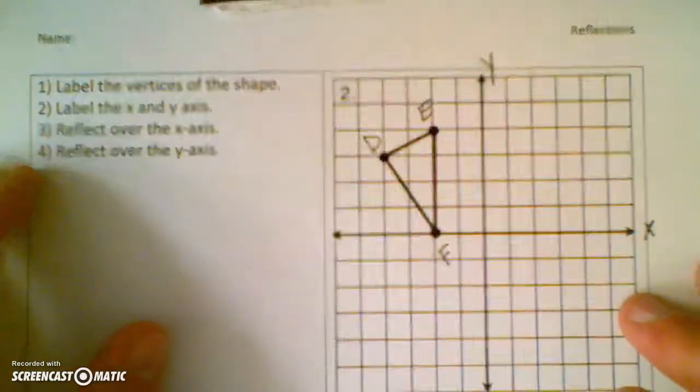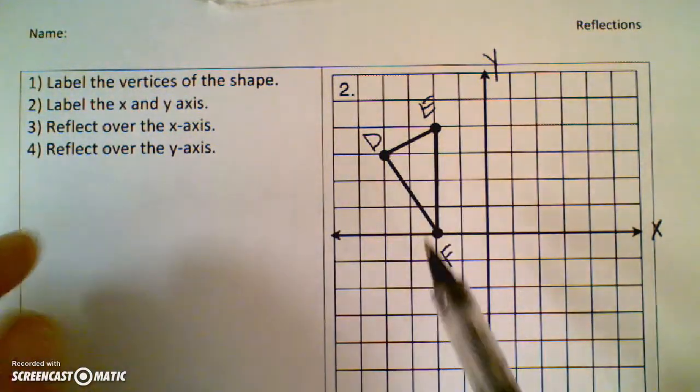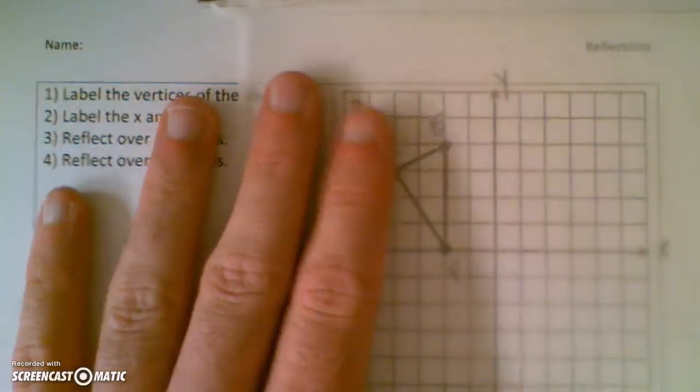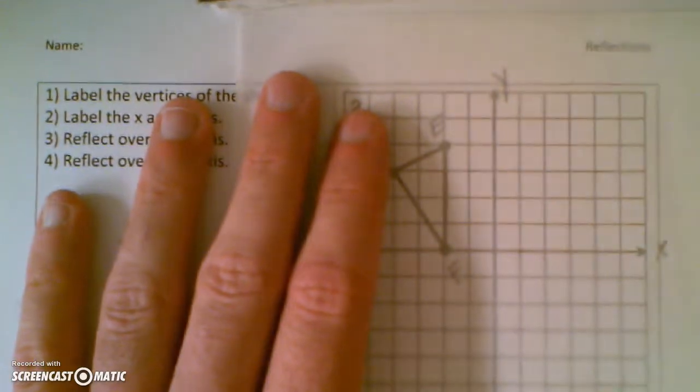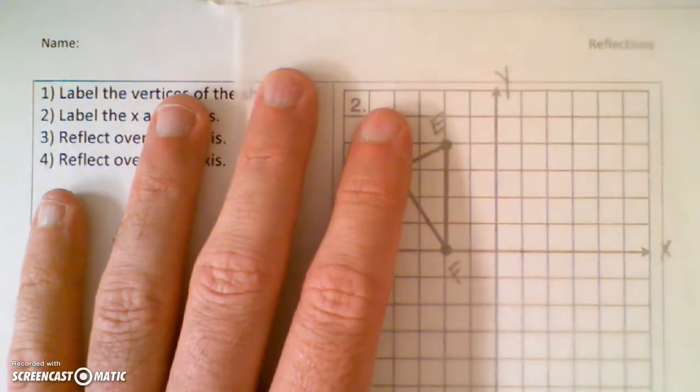How this is going to work is I'm going to trace the shape again on the patty paper, and I'm going to show you how the counting works. So you're going to use the patty paper again, trace over the X and Y axis. I'm going to use my ruler so I have a nice straight line.